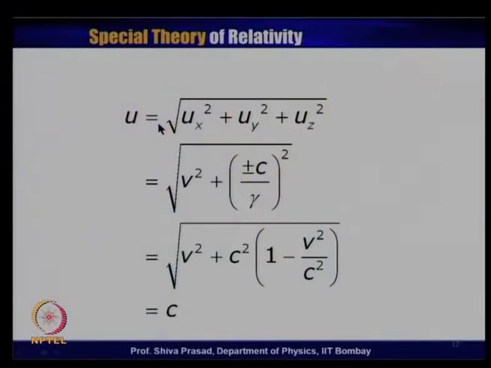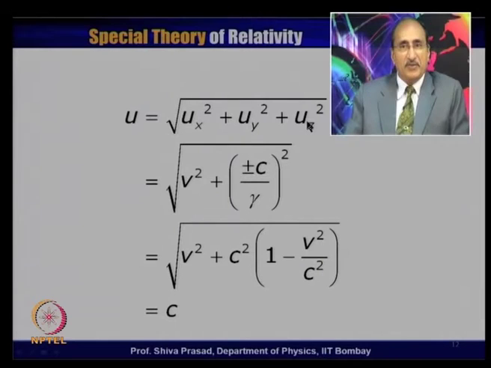So, when I calculate the magnitude of the speed of the light, I will use this particular standard formula, u is equal to under root of ux square plus uy square plus uz square. Uz is anyway 0, so let us ignore this. We have seen that ux is just equal to v, the relative velocity between the frames. So, for ux square, I have put v square.